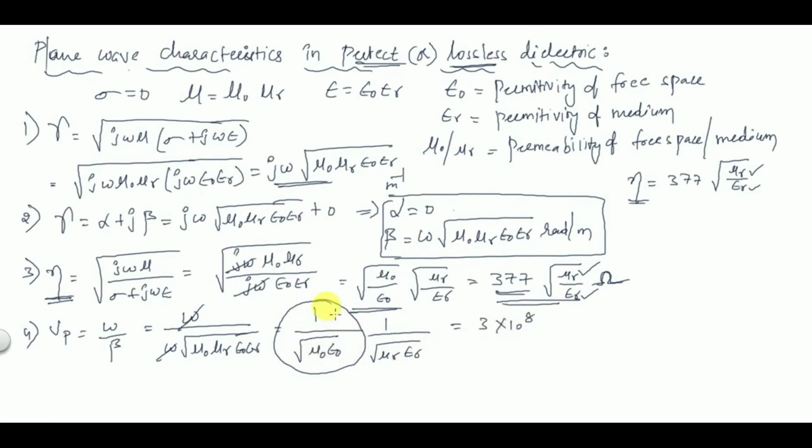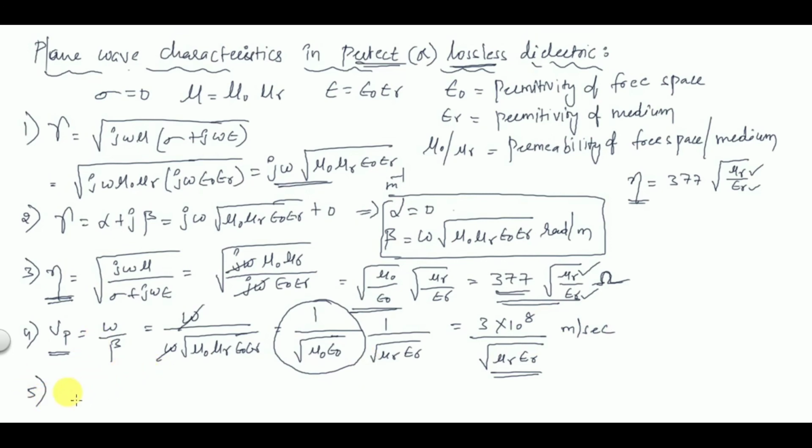This value 1 by root of mu naught epsilon naught is 3 into 10 to the power of 8, divided by root of mu r epsilon r. Okay, so there is some decrement in the value. Right, so this is meter per second.